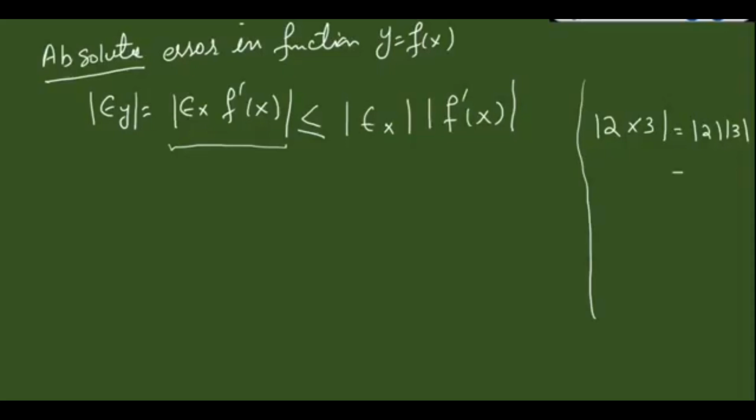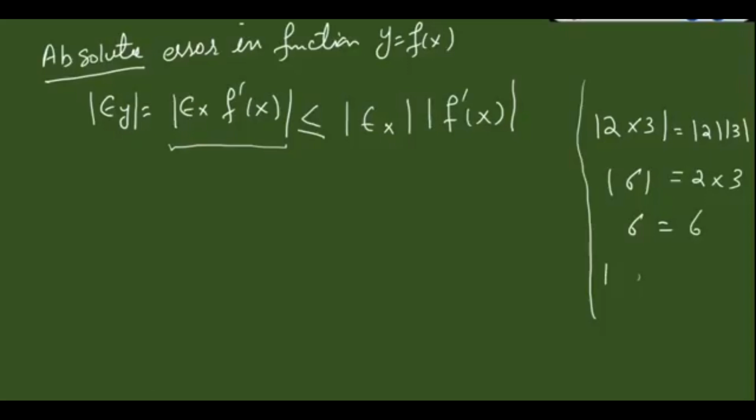So 2 into 3 is exactly equal to 6, absolute equal to 2 into 3. So absolute of 6 is 6, equal to 6. They are equal.